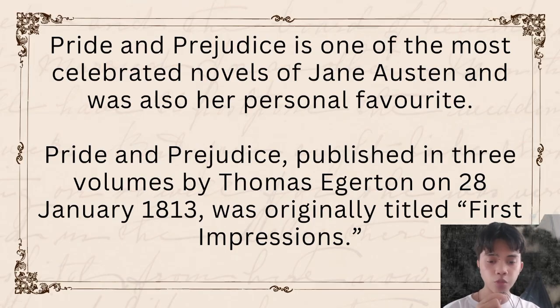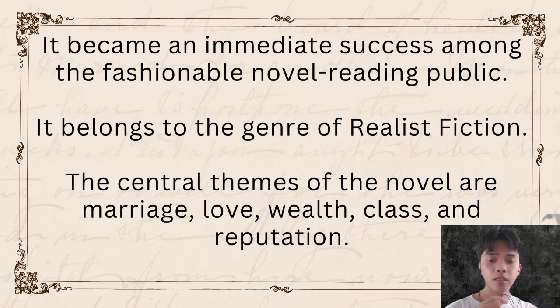Published in three volumes by Thomas Egerton on 28 January 1813, it was originally titled First Impressions, and it became an immediate success among the fashionable novel-reading public. It belongs to the genre of realistic fiction. The central themes of the novel are marriage, love, wealth, class, and reputation.